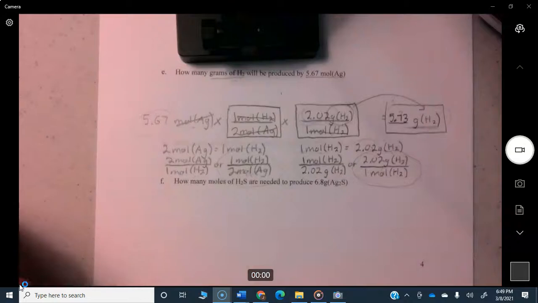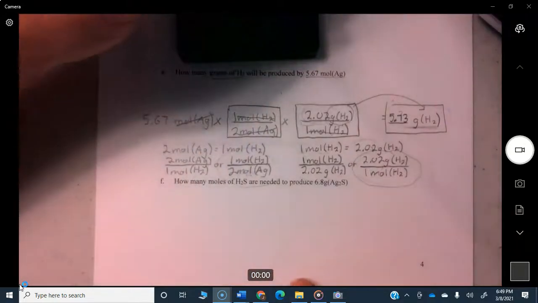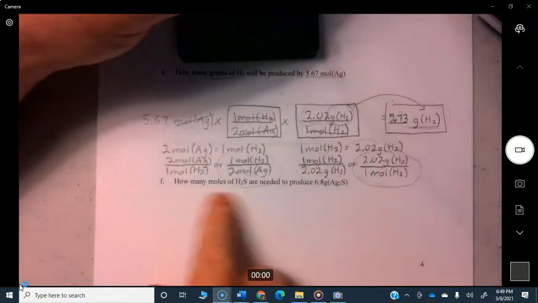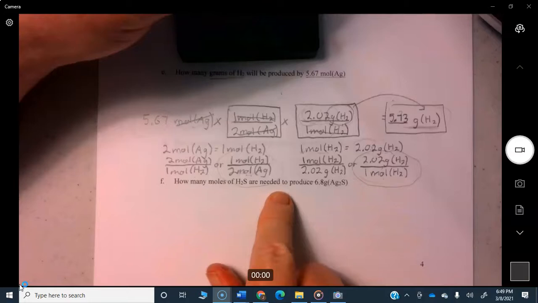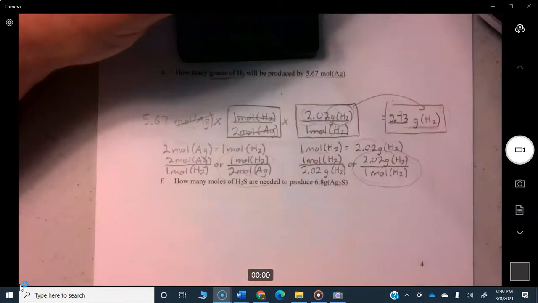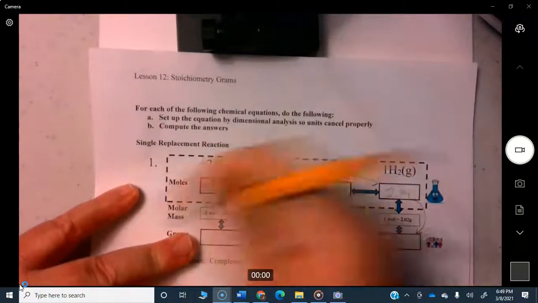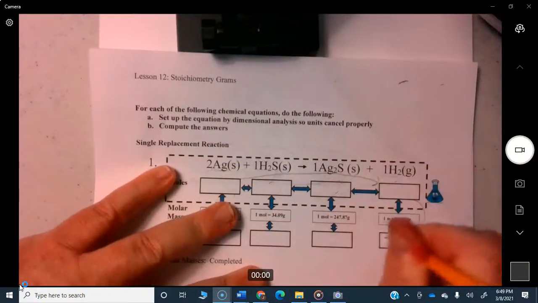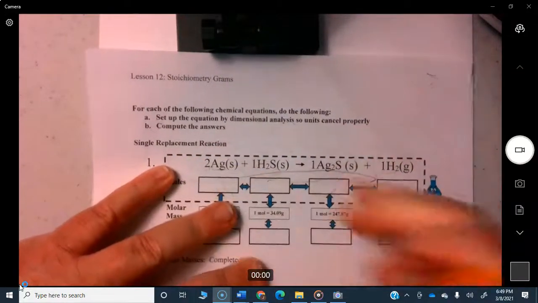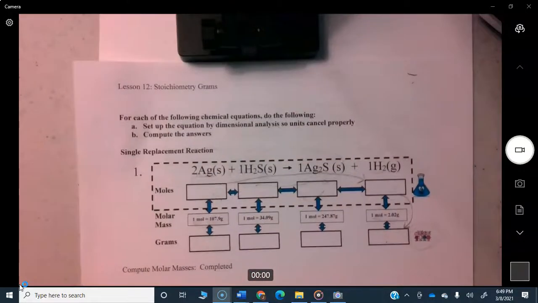Okay, let's keep going. How about F? How many moles of H2S are needed to produce 6.8 grams of Ag2S? So what I'm going to do is erase what I wrote before and write it very lightly. And in the future, I'm not going to do the intermediate calculations. We're just going to set up the equation and go straight to the final answer.